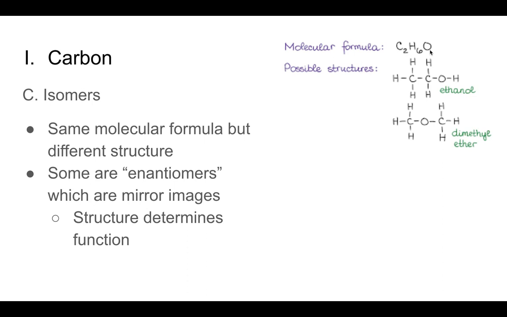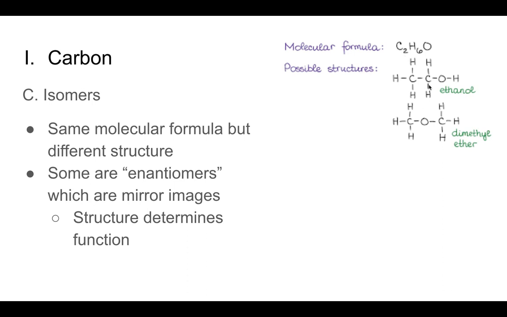Isomers are molecules that have the same molecular formula, but the actual arrangement of the atoms in the structure can be different. And so same molecular formula, but different structure. This is an example.